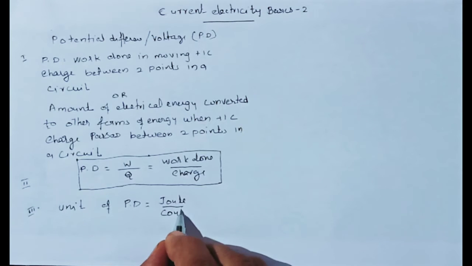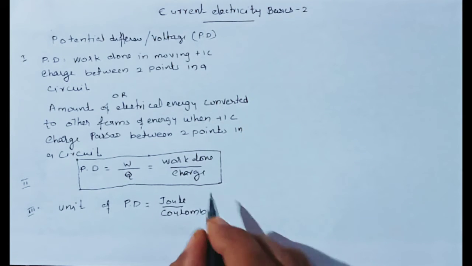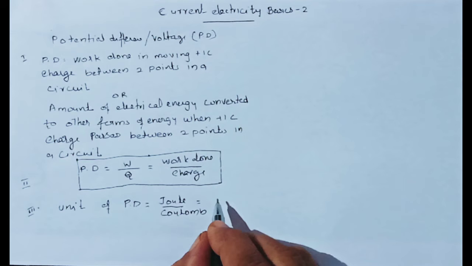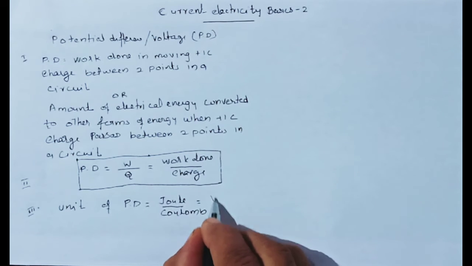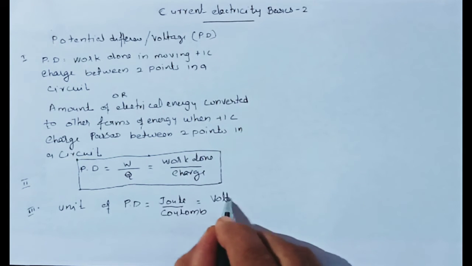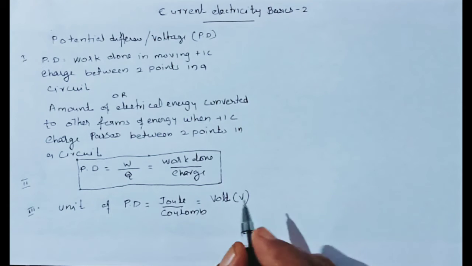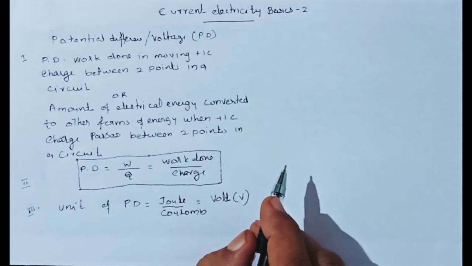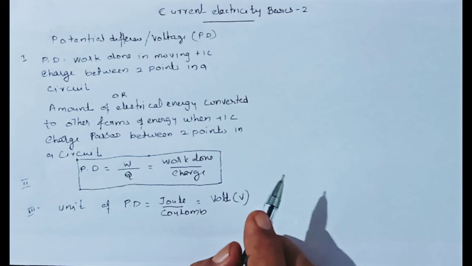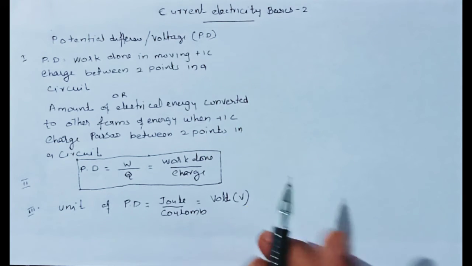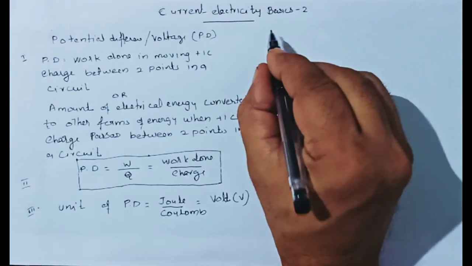The unit of work is joule, unit of charge is coulomb. So the unit of potential difference is joules per coulomb. That's usually written as volt, V-O-L-T, and usually represented by capital letter V.